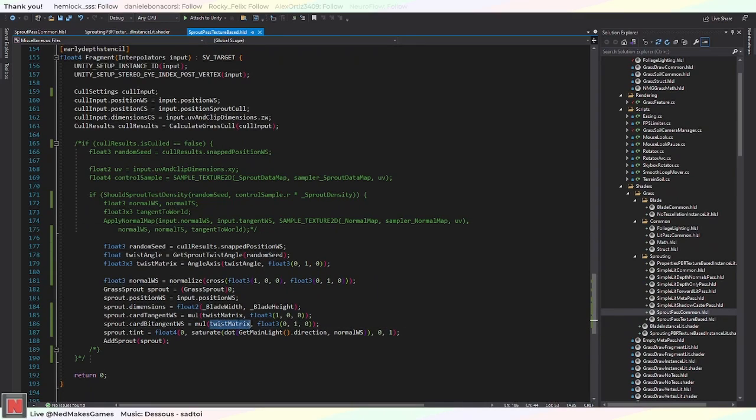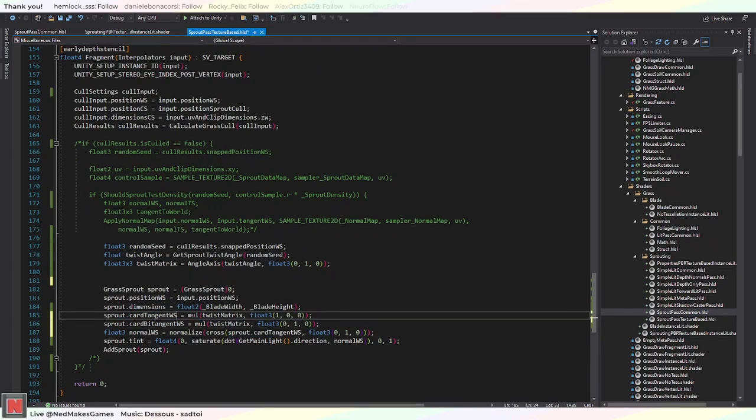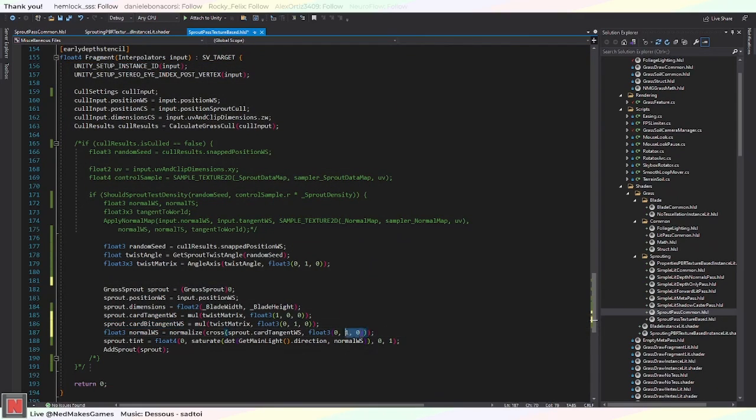Okay, well, since the twist matrix is rotated around the y-axis, this actually is just going to always be the y-axis anyway, but then float. And then the normal vector, I'll just actually use these values in a cross product. Okay, let's see.